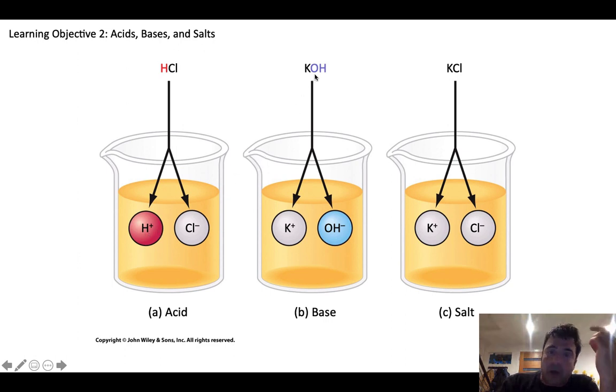On the flip side, any substance that produces free hydroxide ions in solution is a base. Now that's actually not a good definition of a base, but when you see potassium hydroxide or sodium hydroxide, if you see this OH linked to a metal, not only is that a base, it's a really strong base.